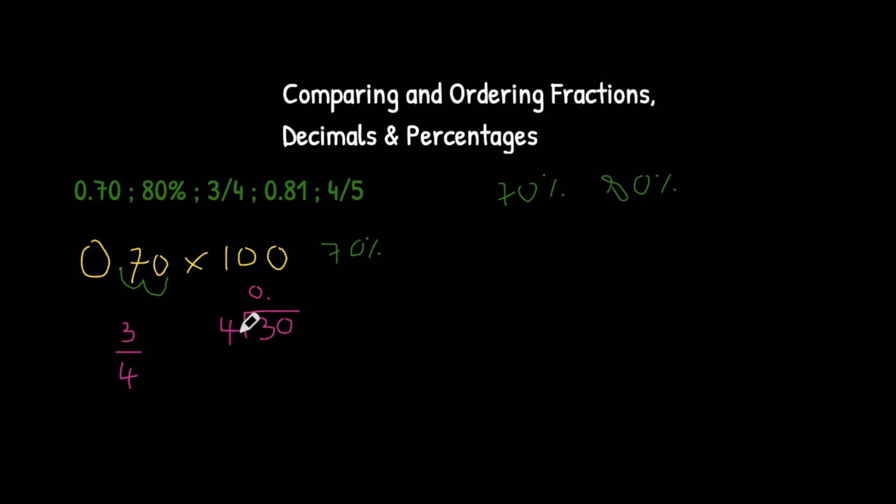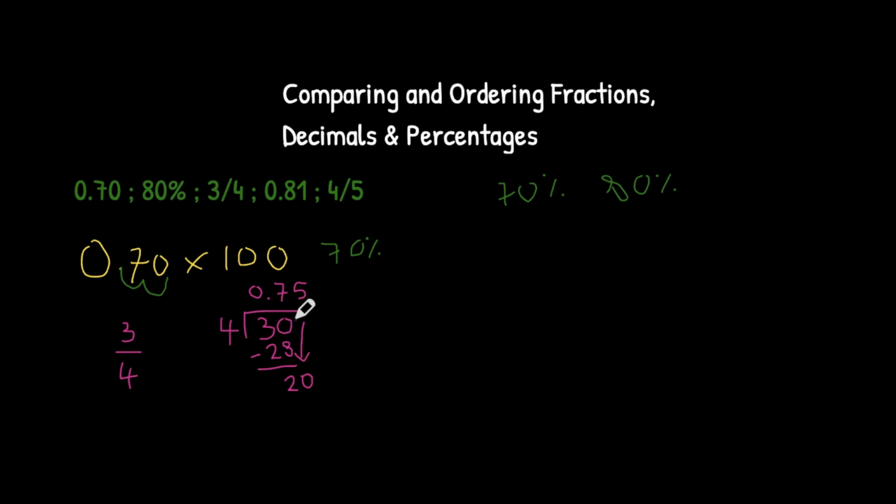How many times does 4 go into 30? It goes in 7 times. Now 7 times 4 is 28. Okay, we subtract. We're left with 2. Can 4 go into 2? No. We bring down a 0. Then we say, how many times does 4 go into 20? It goes in 5 times.